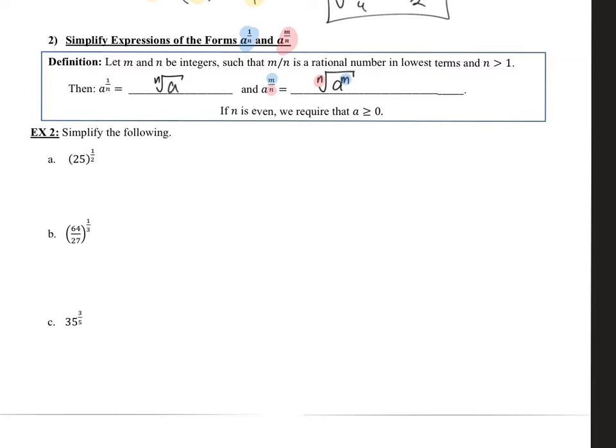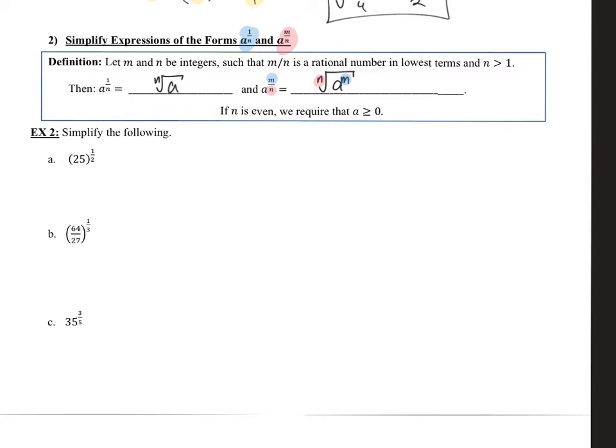All right, so here we go. We're going to go ahead and simplify the following. So 25 to the half power. Well, that doesn't look quite like what we know to work with, but using this rule here, whatever is in the denominator of my exponent is actually the index or the root.